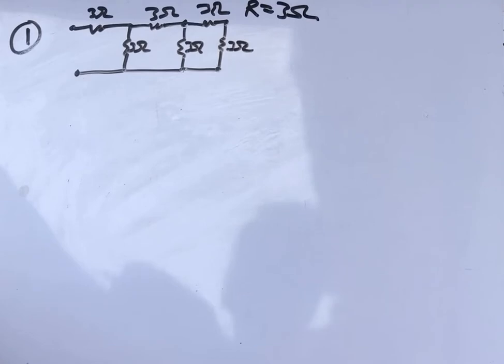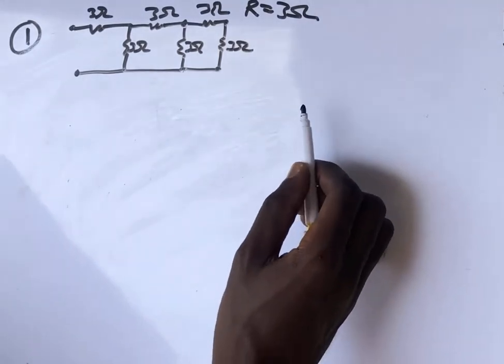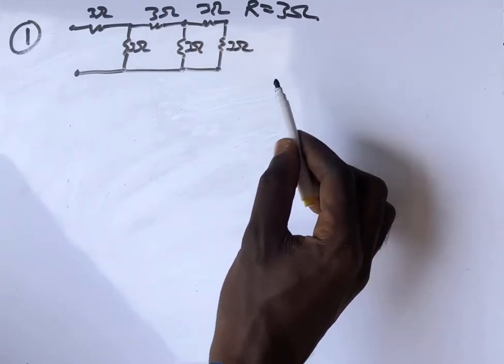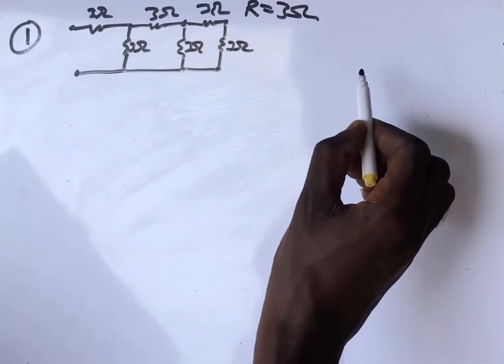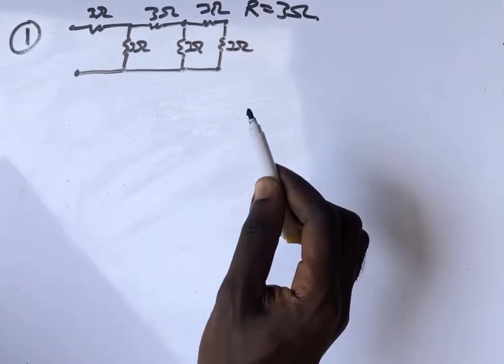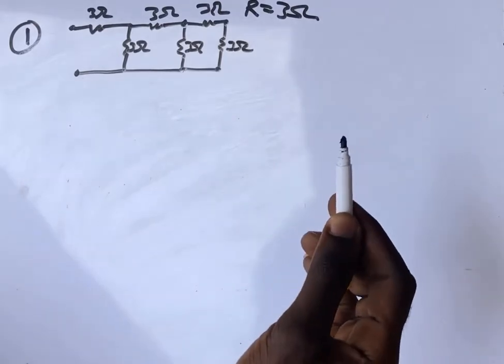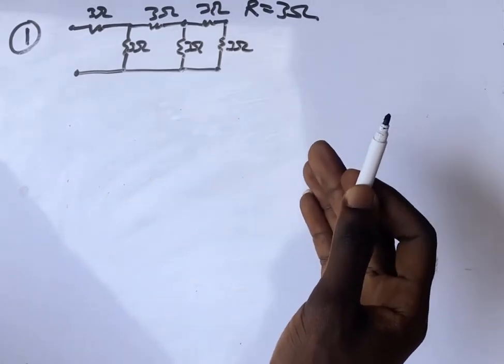For delta star calculation, whenever you meet resistors which are the same, all you have to do is multiply one of the resistors by 3. That's if you are converting from delta to star.